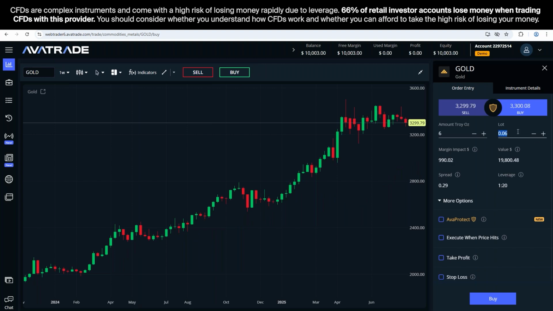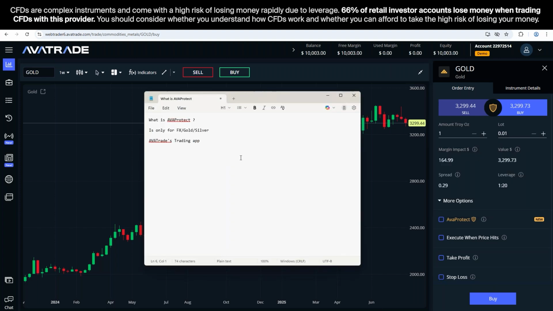As you can see, there is a golden shield at the top and a box here with a golden shield as well, and it says AvaProtect. What this product does is allow us to protect the position. We're going to type it down. AvaProtect allows us to protect the position for a certain time frame.